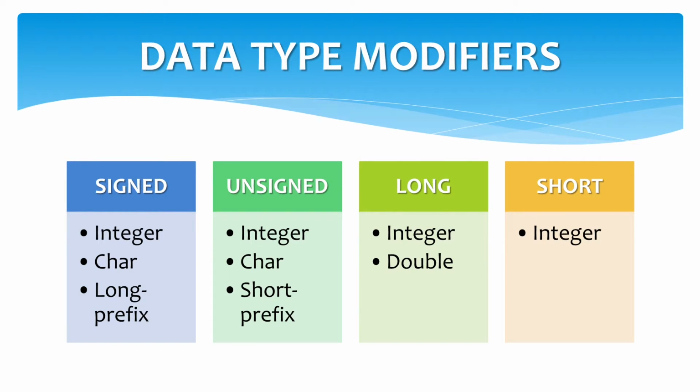So modifiers are used to change the range of the data types. Here under signed we can see integer, char, long prefix. Under unsigned, integer, char, short prefix. And long can be used on integer and double, and short can be used on integer.